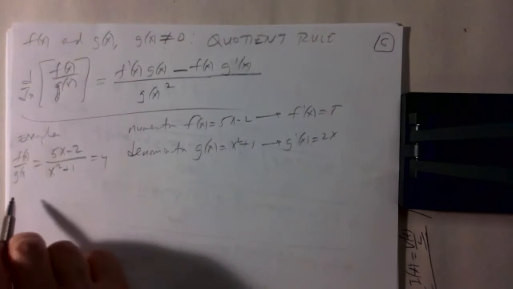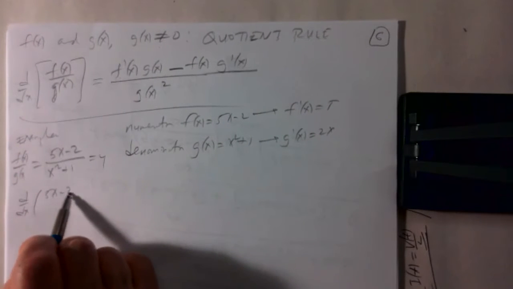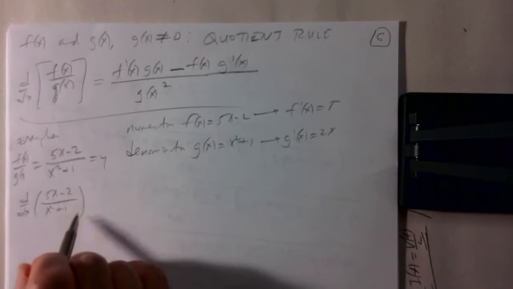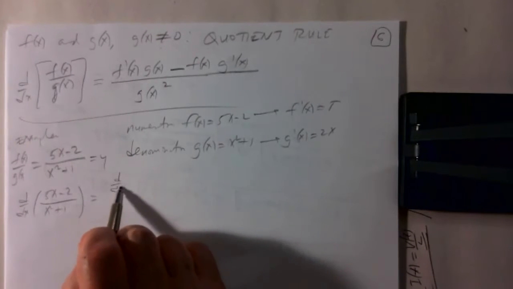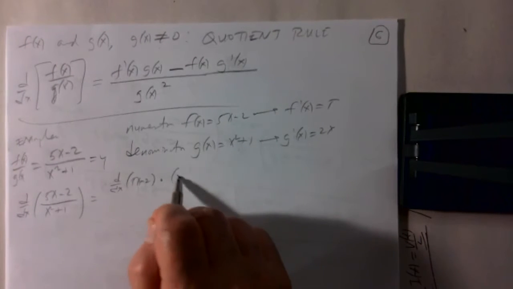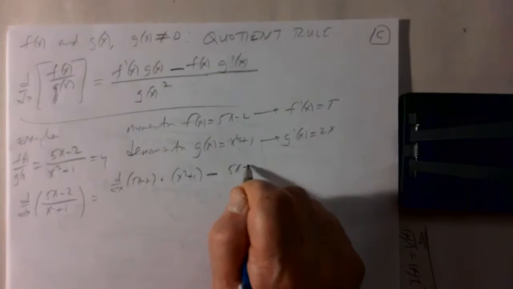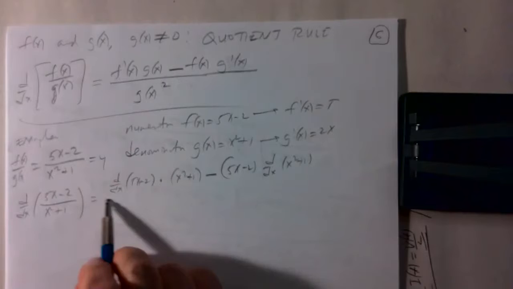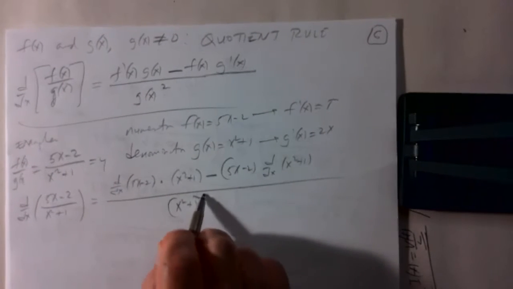What does the quotient rule say? The quotient rule says that the derivative of this quotient, 5x minus 2 over x squared plus 1, let me write it out in excessive detail. It's the derivative of the numerator times the denominator minus the numerator times the derivative of the denominator, over the denominator squared.